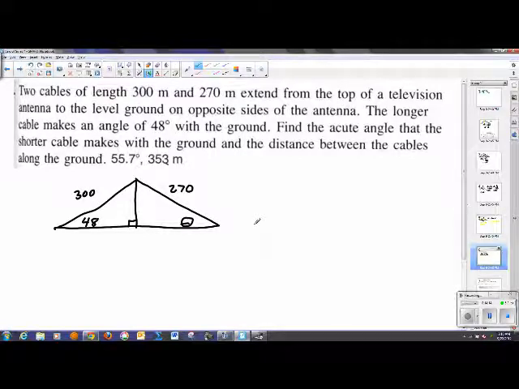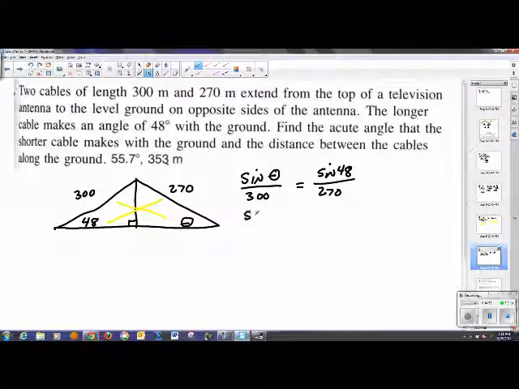Notice my answers are up here. And then what we're going to do is find the distance on the ground between the 2 cables. So notice I have a side and its opposite angle and another side and its opposite angle. So this is all set up for the law of sines. And we know that we can find the sine of the unknown theta over its opposite side will equal the sine of 48 over its opposite side.